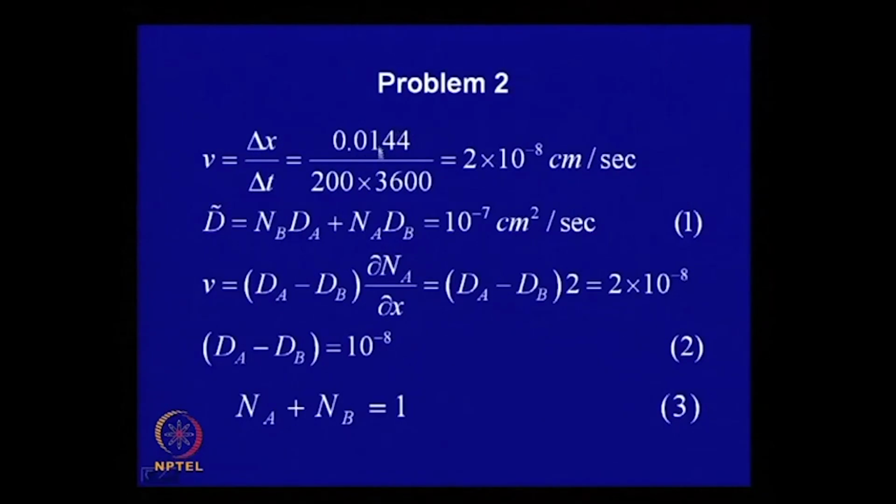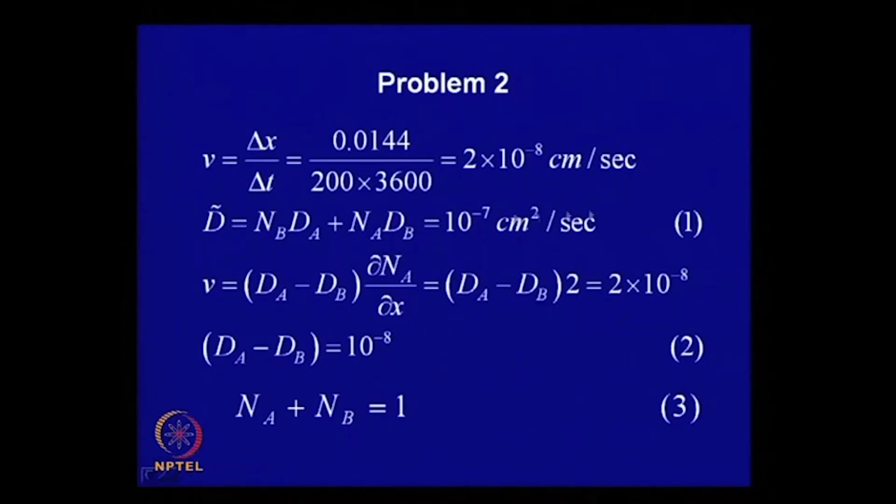Delta x is given, and this is the time in hours. In most cases we calculate velocity in centimeter per second, so you convert this hour to seconds, and it comes out to be 2 into 10 to the power minus 8 centimeter per second.